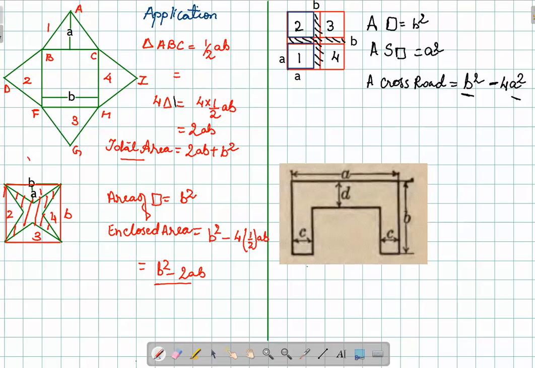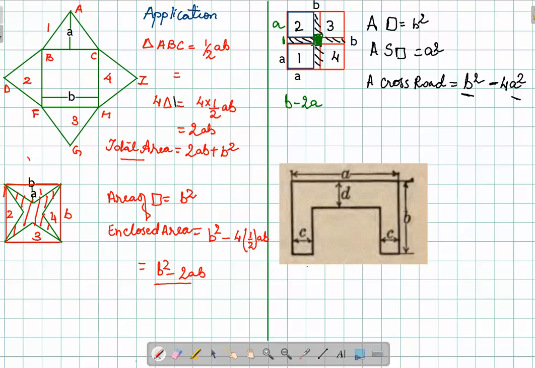There is one more interesting twist in it. Sometimes you are asked to just determine this area. Now how do you determine this area, which is in the center in green? It's a little bit tricky but not impossible. Now if you see here, what is this length? This length is A, this length is A. So what will be this length? This length will become B minus 2A.